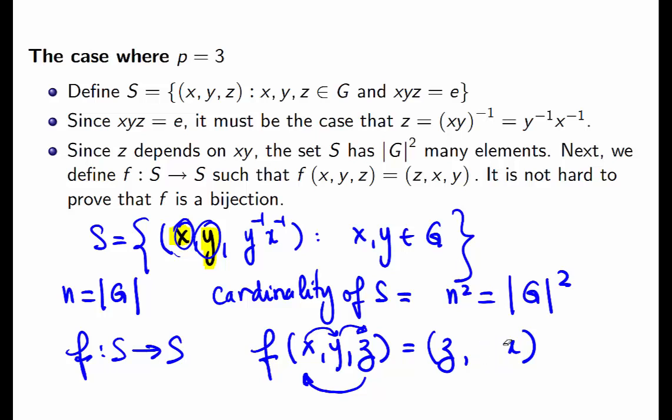It will move z to the first, x goes to the second, and y goes to the third. I will ask you to pause the video here and, as an exercise, show that f is a bijection.